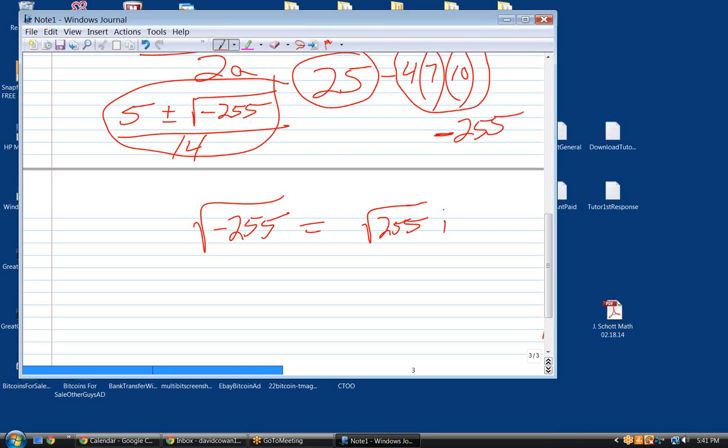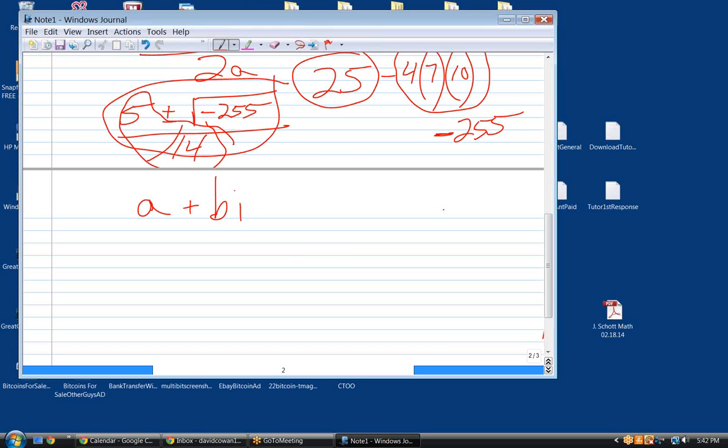The only thing you have to be a little bit careful about is not to carry your radical sign and include the I in it. This is the coefficient of I. Okay? So, if we're going to put this in A plus BI format, this is the A part, that's the B part, or the BI part.